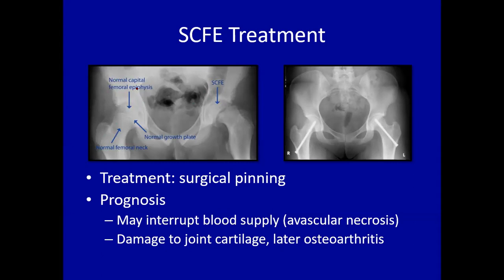So there's a normal capital epiphysis, right? The cap, and then the growth plate, and then there's the slipped one. So you can see that if you look at the neck of the femur, it's not going to line up. And look at the neck of the femur there. So if you see an x-ray of that, you should be able to pick that up. May interrupt blood supply, right?